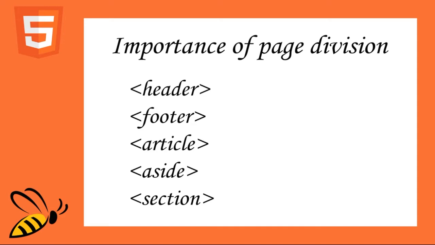We can assign that work to that head name, so a group of functions will follow their head. Here you could see tags like header, footer, article, aside and section. There are also tags I didn't mention, like nav, navigation bar, and the main tag.